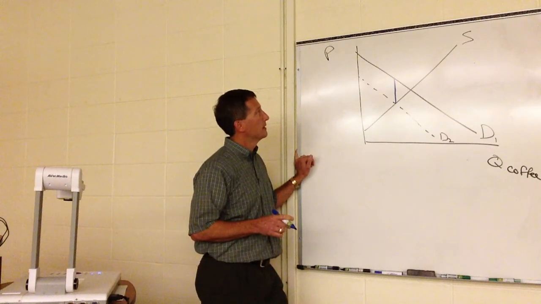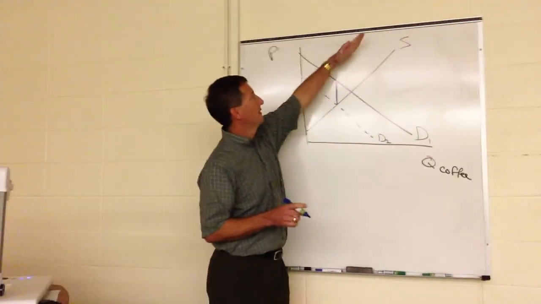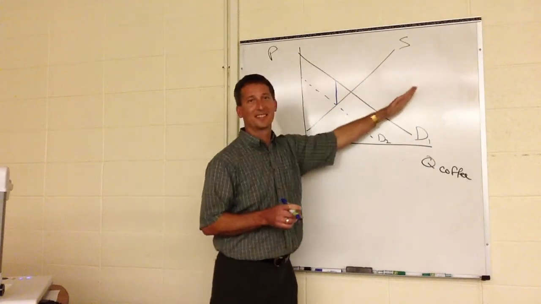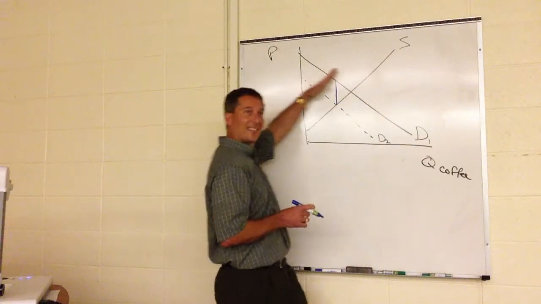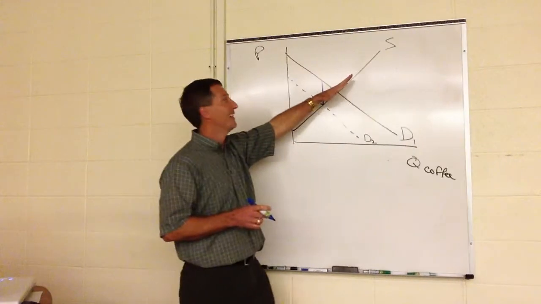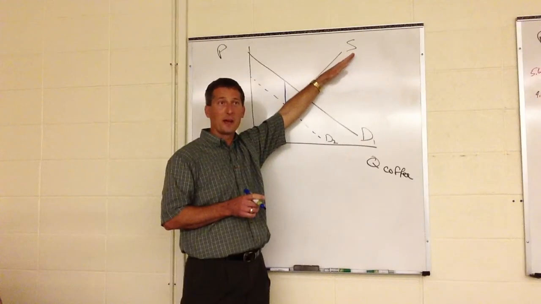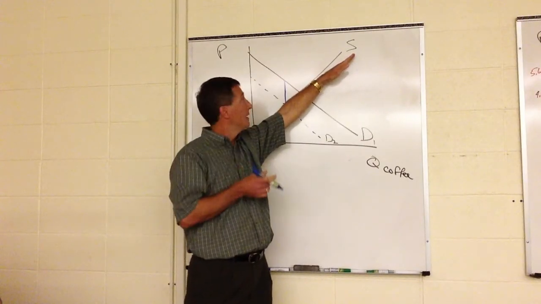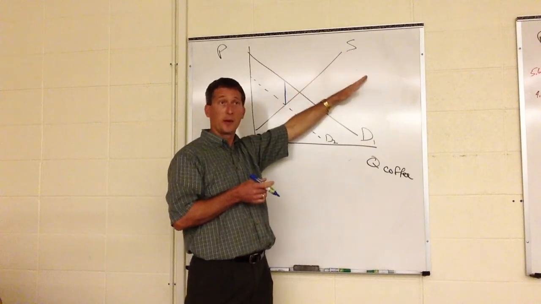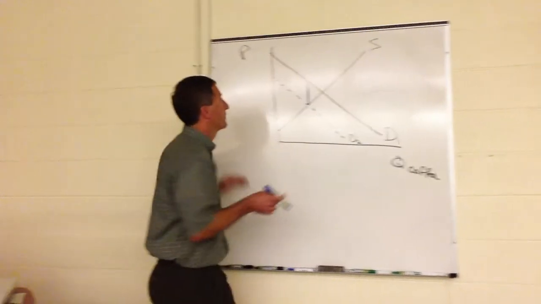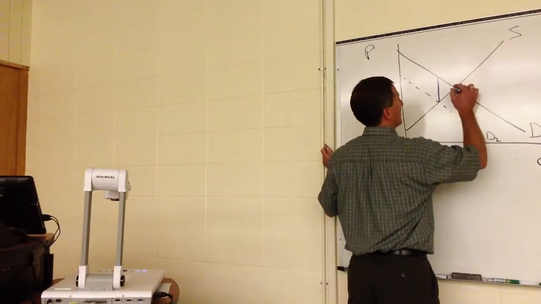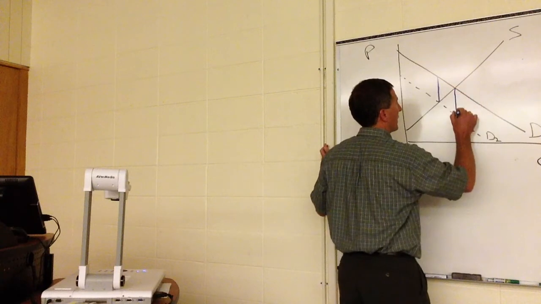Up, down, left, right. So we're going to give them the dollar back, right? So they want to produce more. Yes, so they'd want to produce more, potentially, right? So we're going to give them the dollar right back.